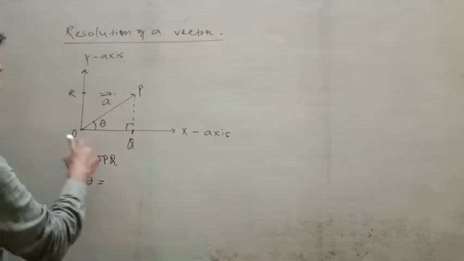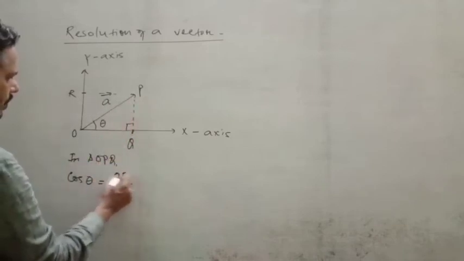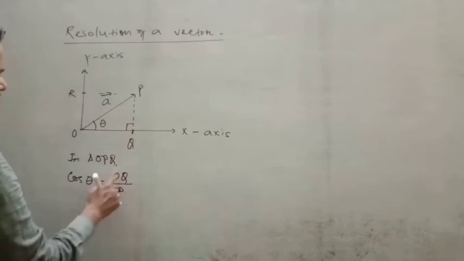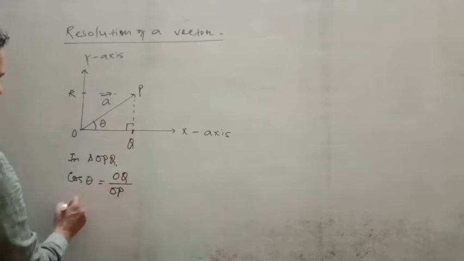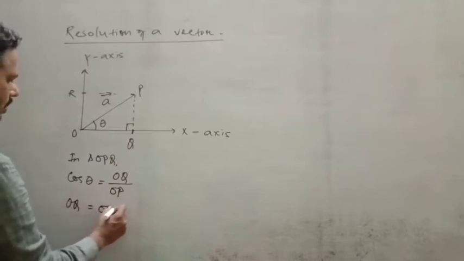Cos theta is base by hypotenuse. So your base is OQ and this one is OP. Then just put the value. So your OQ is OP cos theta.